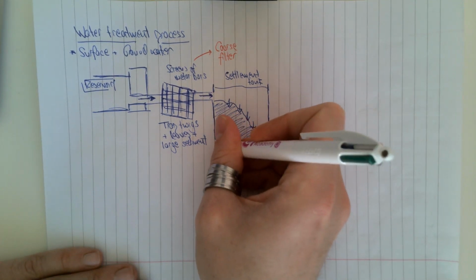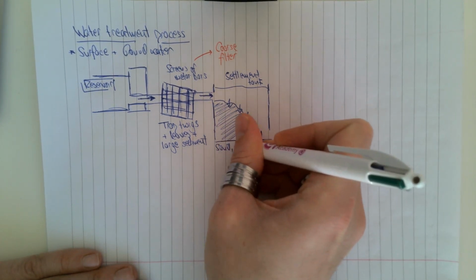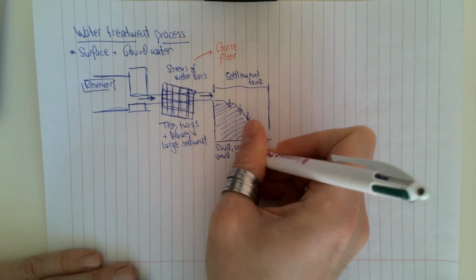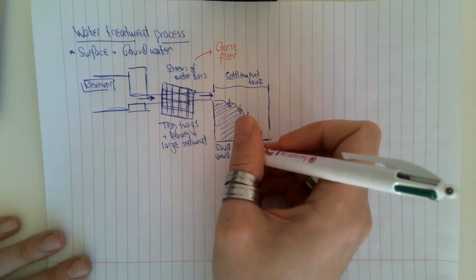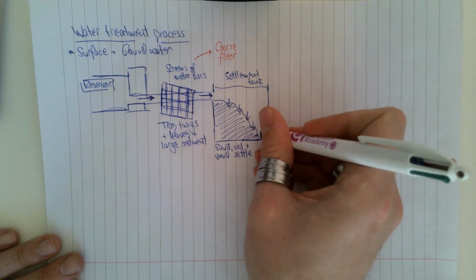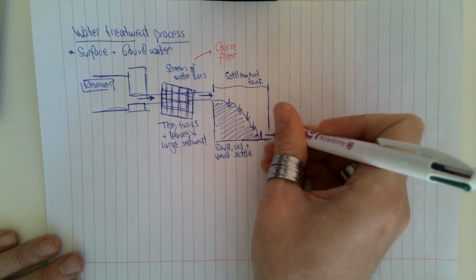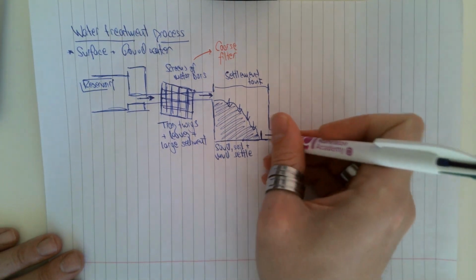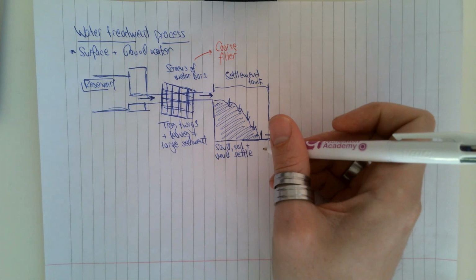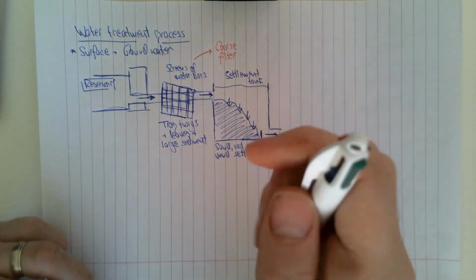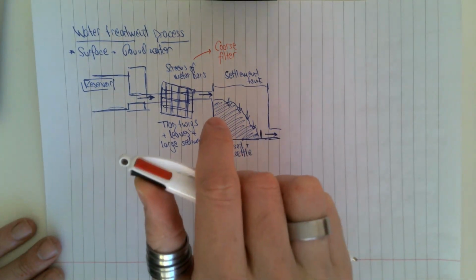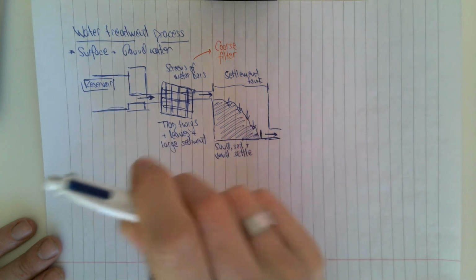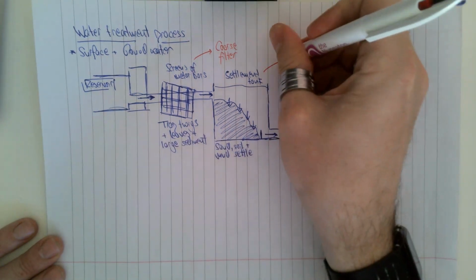So any sand, dirt, soil, mud that's contained within the water settles on the bottom of the tank, which means you've just got the liquid water that can then start to move on to the next stage. Sometimes you see this process referred to potentially as sedimentation.